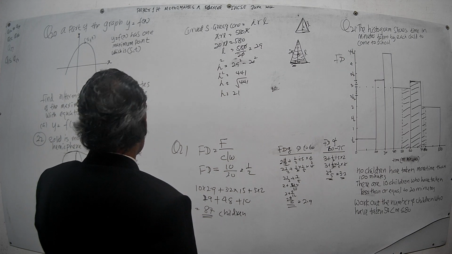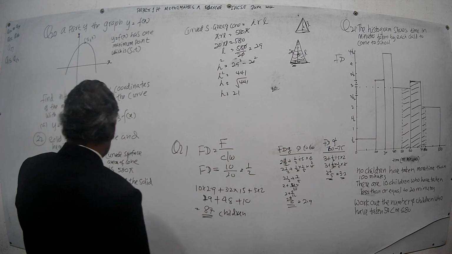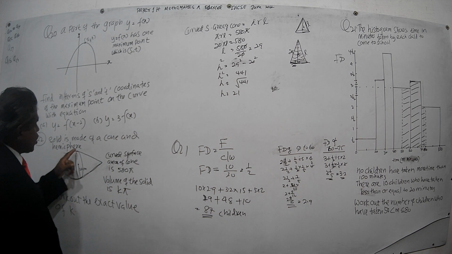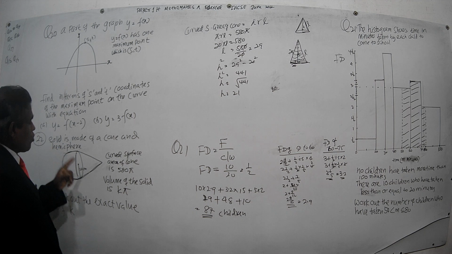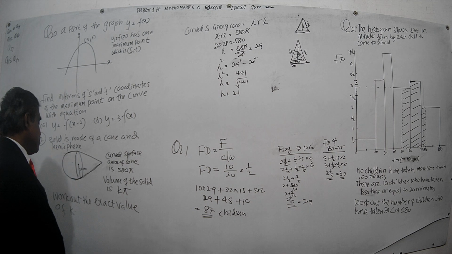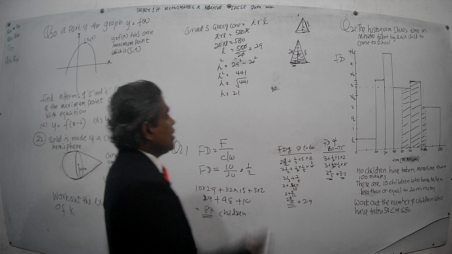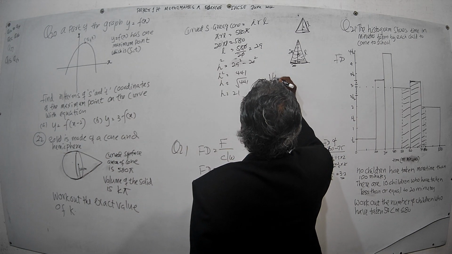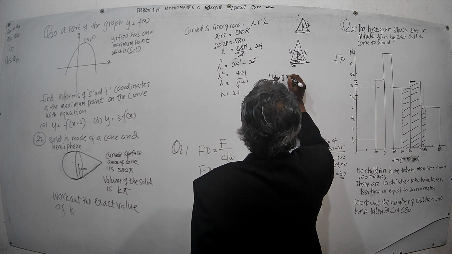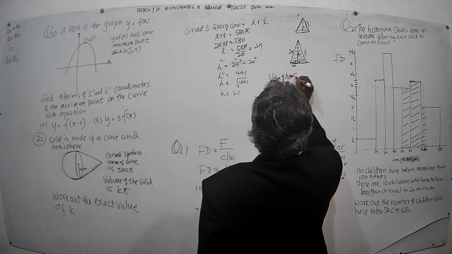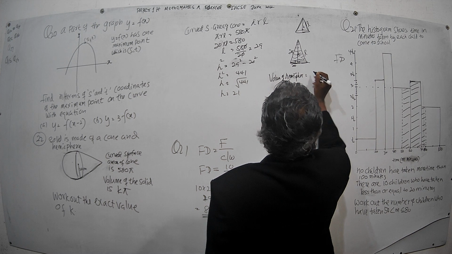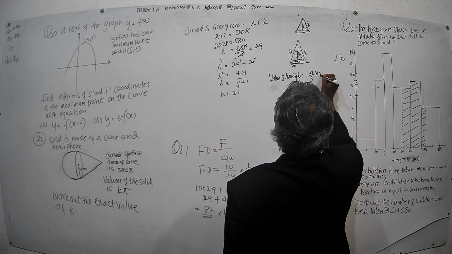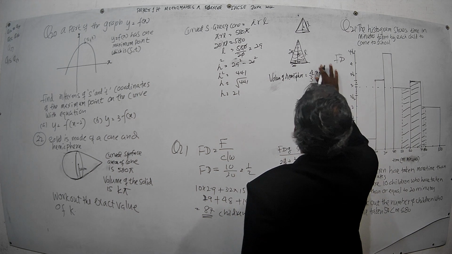Then they ask you to find the volume of the solid. The volume of the solid is the volume of the hemisphere plus the volume of the cone. The volume of the hemisphere is 4 over 3 pi r cube, which is the volume of the sphere, and the hemisphere is half of that.